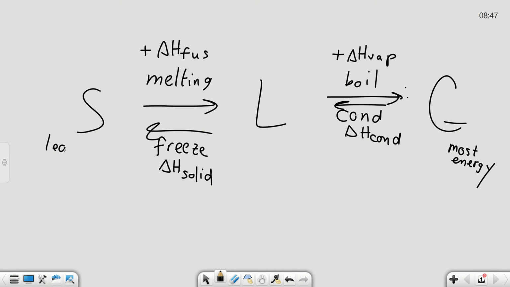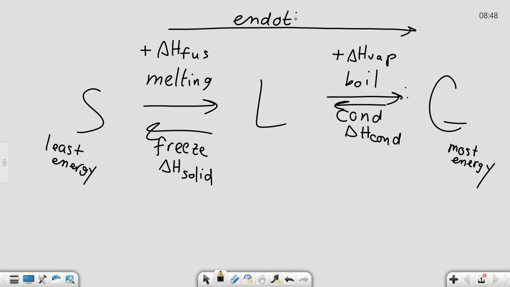Solids have the least amount of energy. Okay? And so, to go from solid, liquid to gas, I need to add energy in. So all of the processes going from solid, liquid to gas are endothermic processes. Okay? Because I'm adding energy into it.